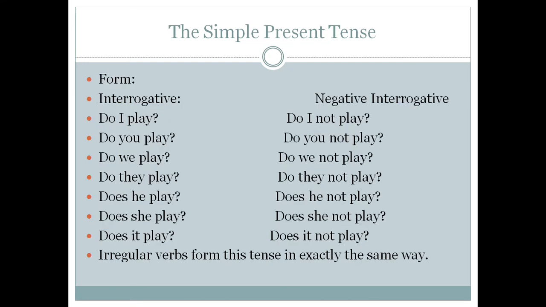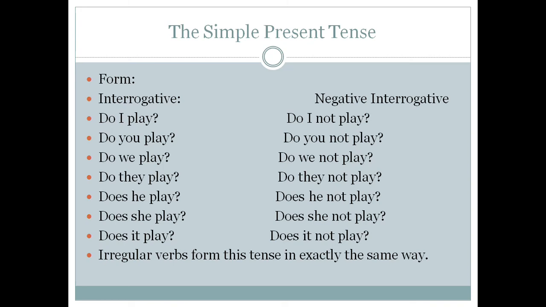Now, here we have interrogative and negative interrogative form. Do I play? Do I not play? Do you play? Do you not play? Do we play? Do we not play? Do they play?